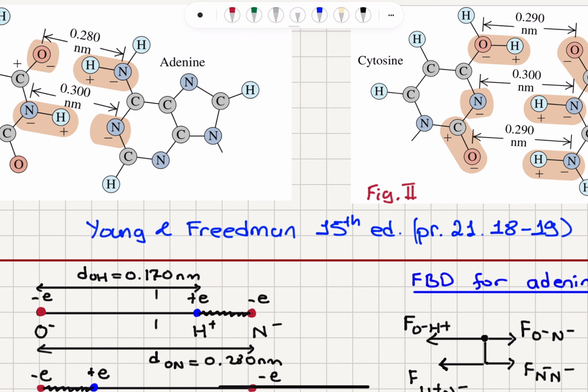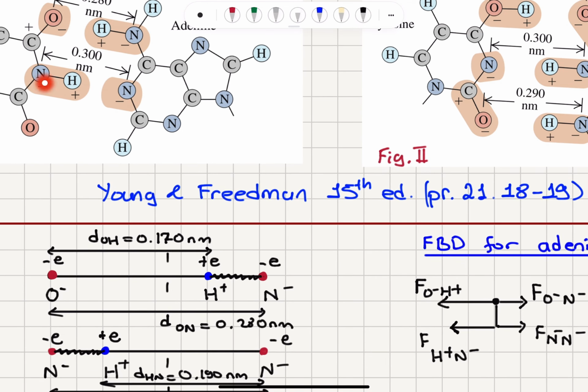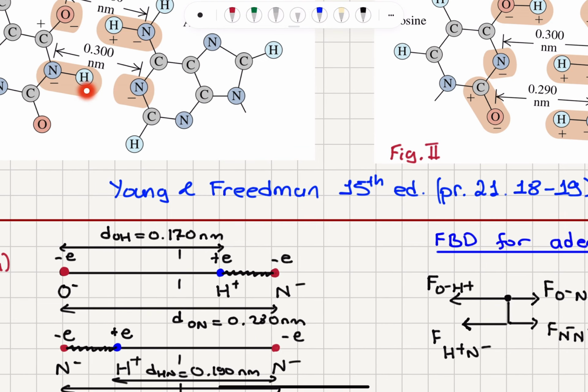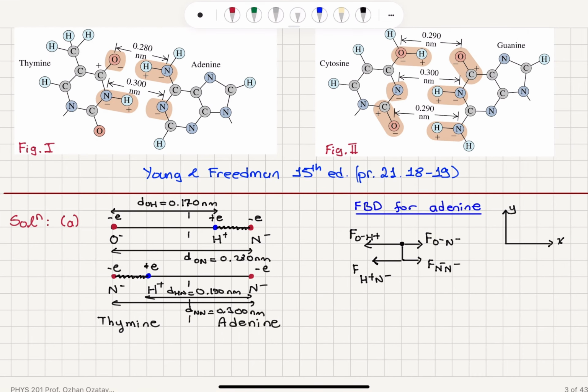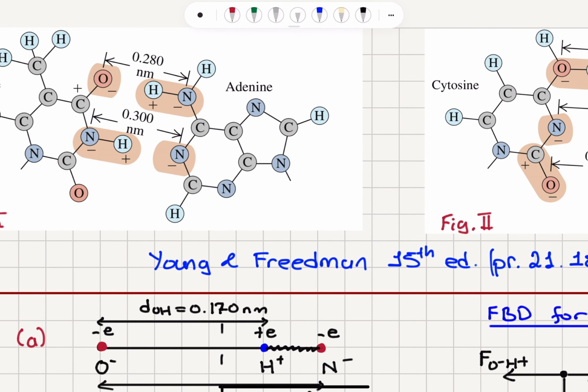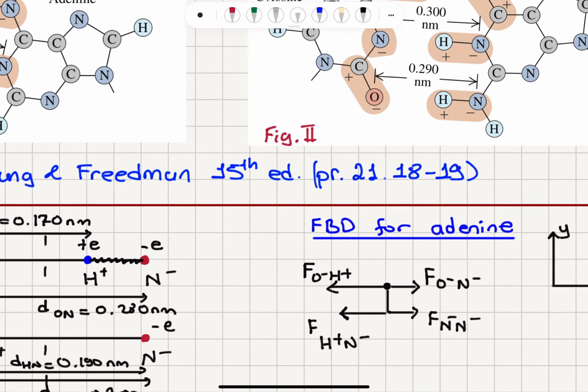And for the nitrogen combination, the nitrogen minus interaction is repulsive. A hydrogen plus nitrogen minus interaction is attractive for these two. So basically, those are the forces I have to consider acting on adenine. I'm not considering cross interactions between these two because they're far away from each other. That's what I'm assuming. So for simplicity, we're only assuming interactions on these linear parallel combinations.